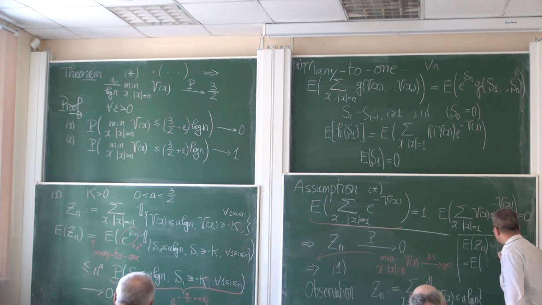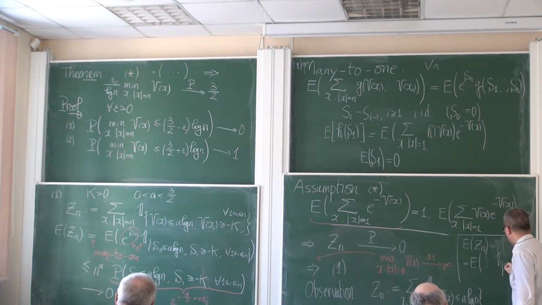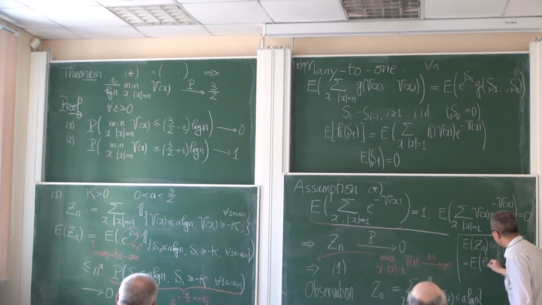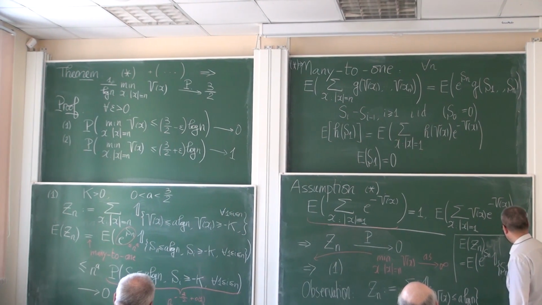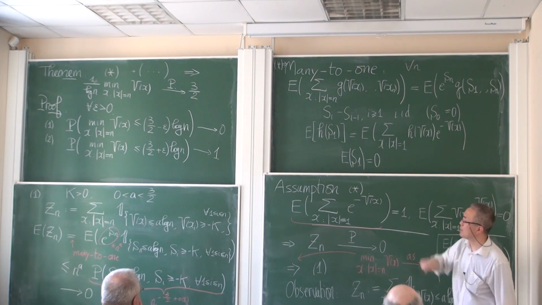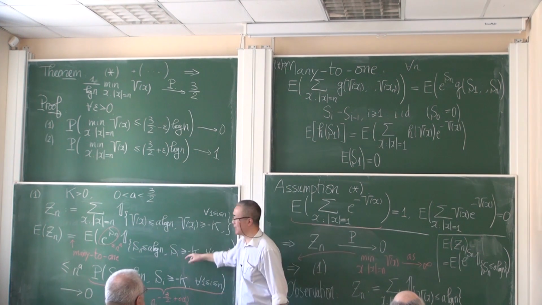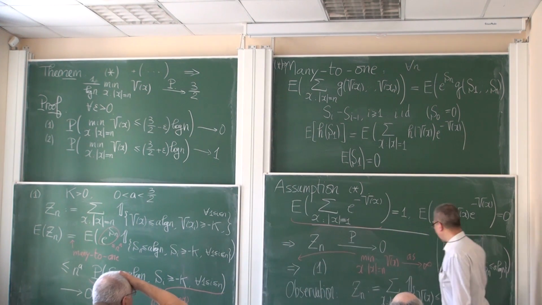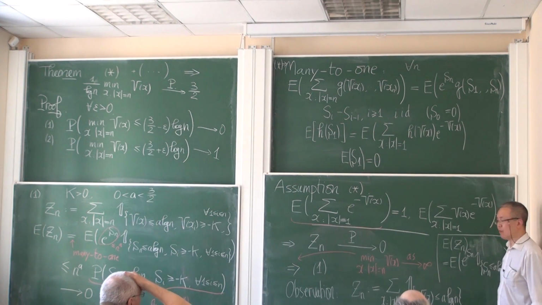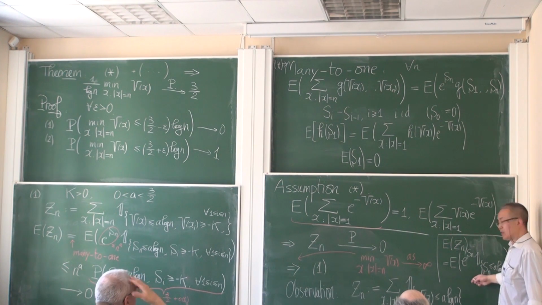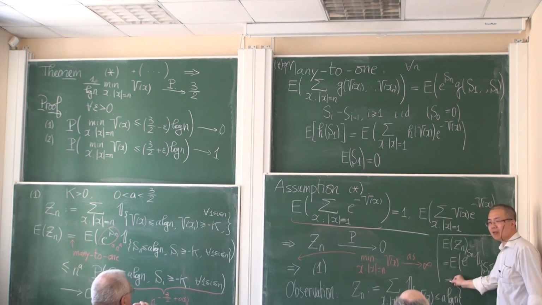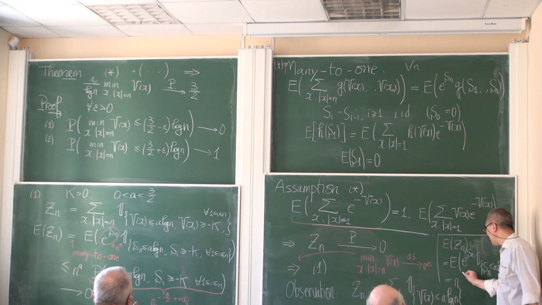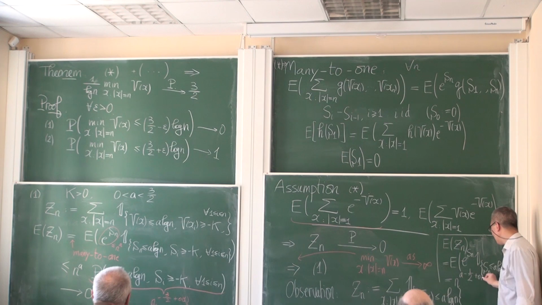The magnitude 1 tells me that this is the same indicator function that Sn is smaller than or equal to a log n with the density function exponential to a Sn. It's exactly the same argument, except that I don't have this second piece. And I want to show that this goes to 0. It turns out that this is equal to n to the a minus 1/2 plus small o of 1.